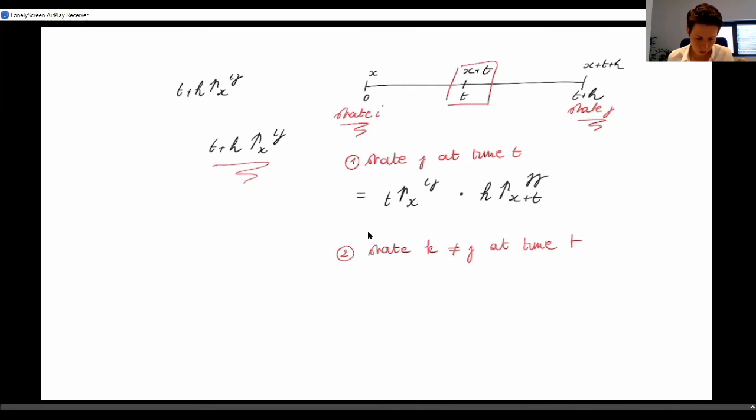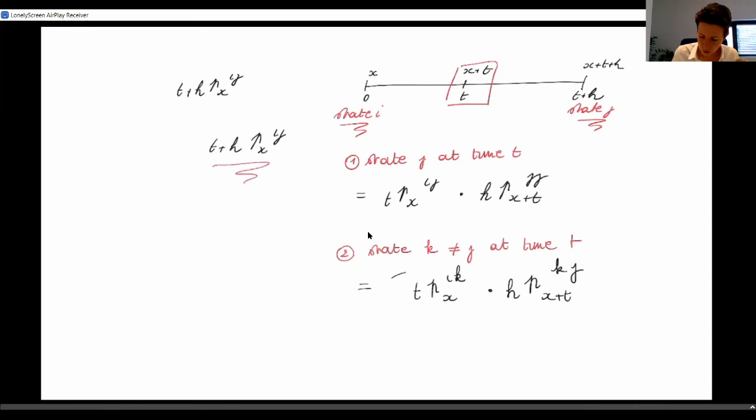And on the other hand, if I'm occupying a state k that is different from j at time t, then this transition that I'm interested in is going to happen with a probability t p_x^ik multiplied then with h p_{x+t}^kj, right? Where the k is now different from j. But of course, I can have multiple states k which are different from j.